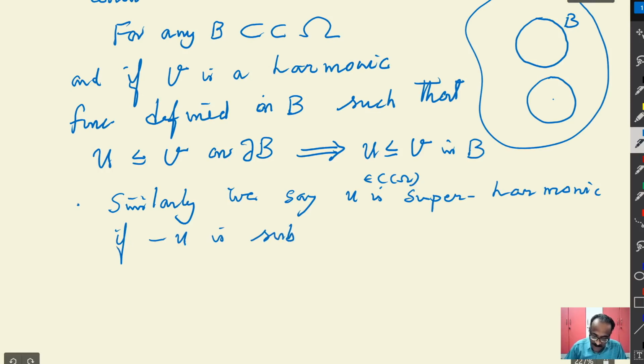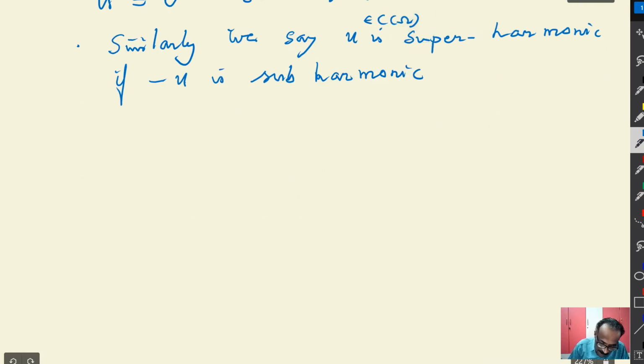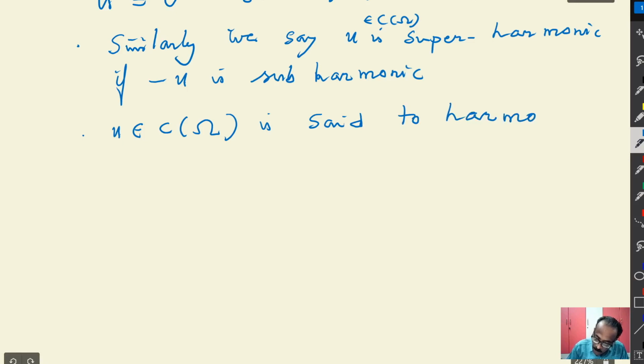Equivalently, the other inequality. And you can even define harmonicity for a continuous function: u is said to be harmonic if both u and minus u are subharmonic.